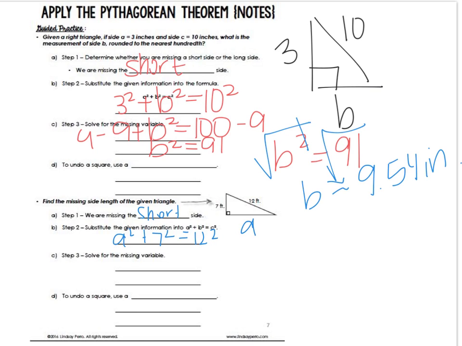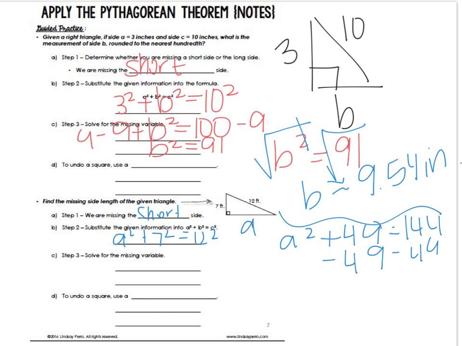And then I'm going to go ahead and solve that. So I'm going to say A squared plus 49 equals 144.